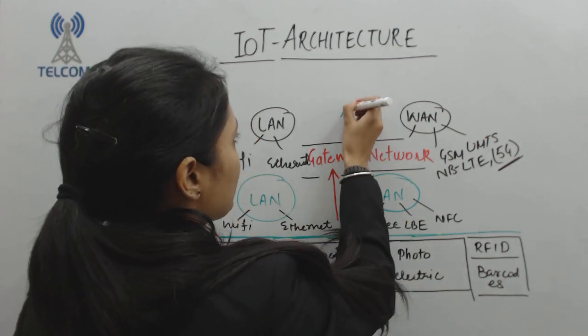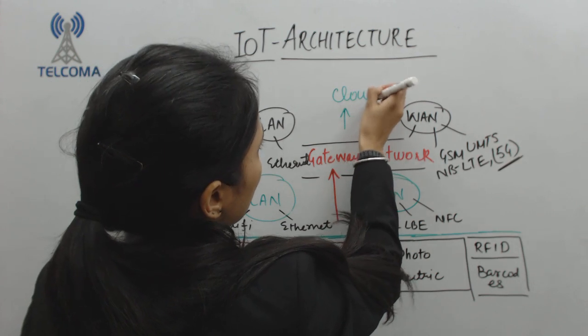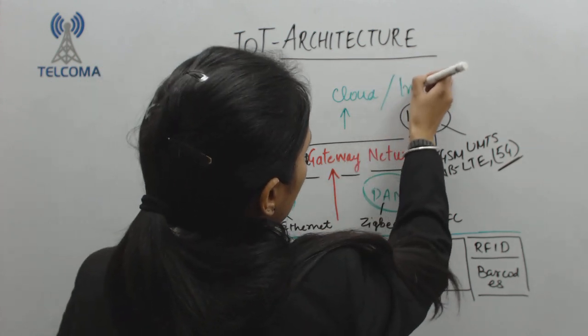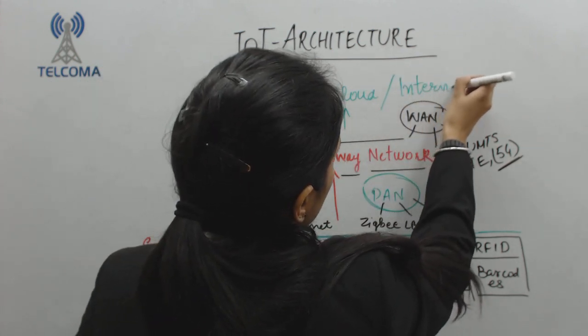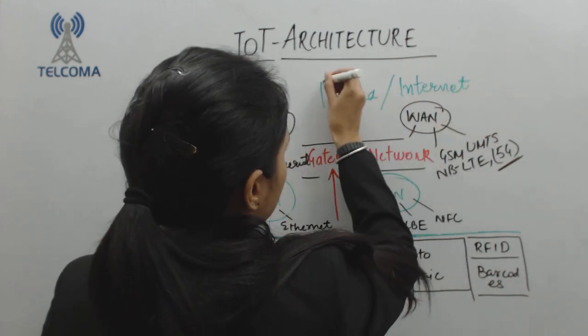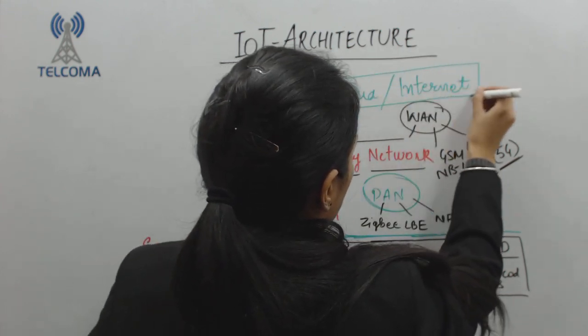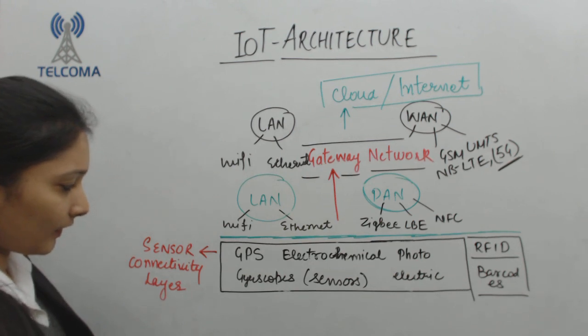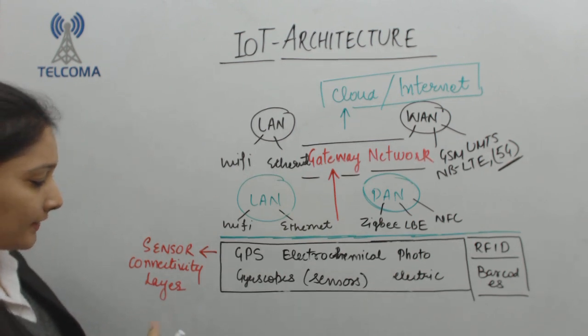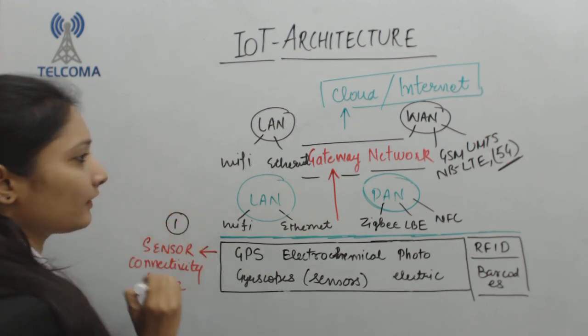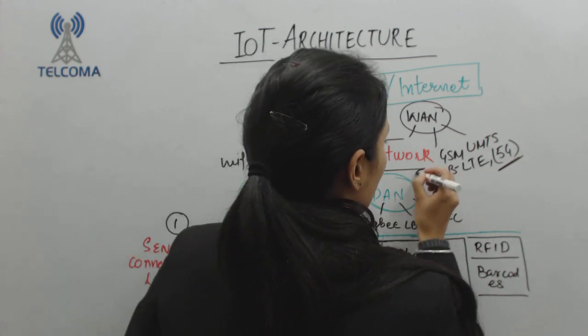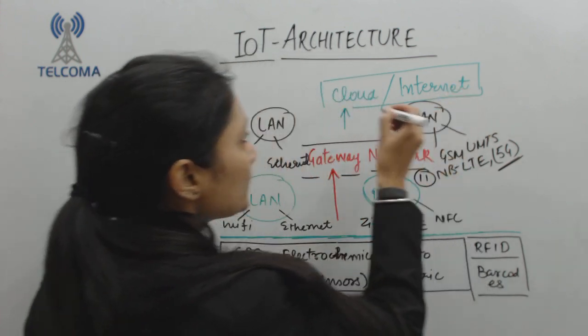So after that, you will move towards your cloud and internet here. So we had the sensor connectivity layer, your gateway layer, then your cloud and internet.